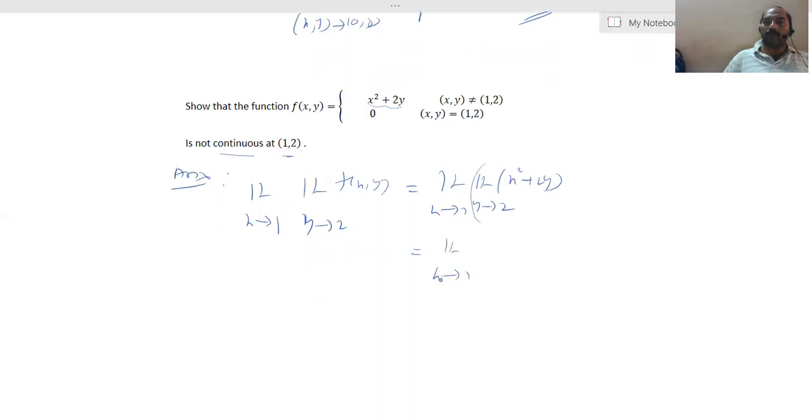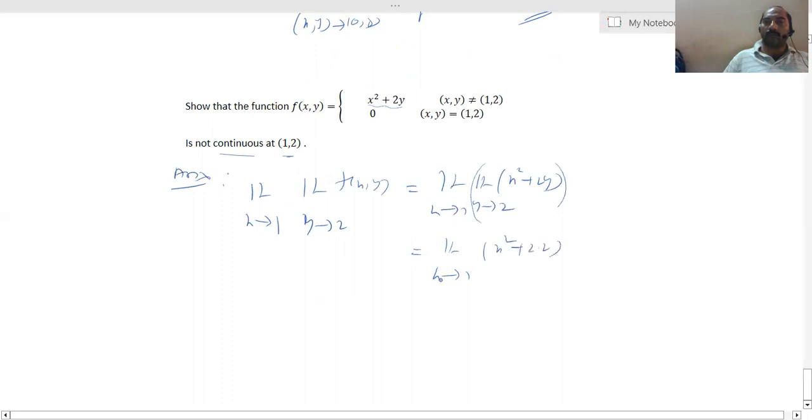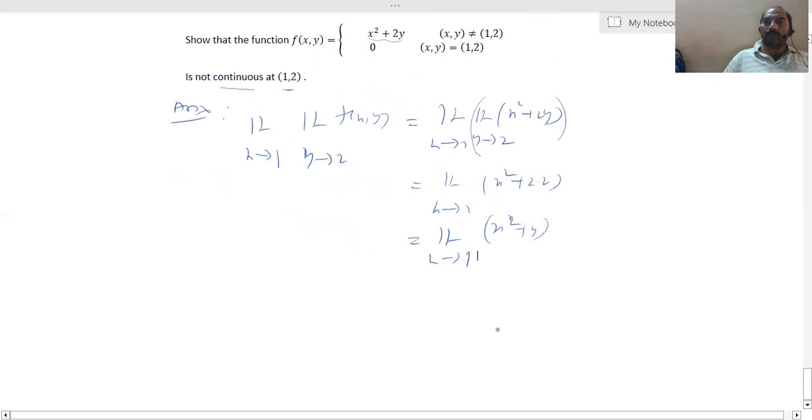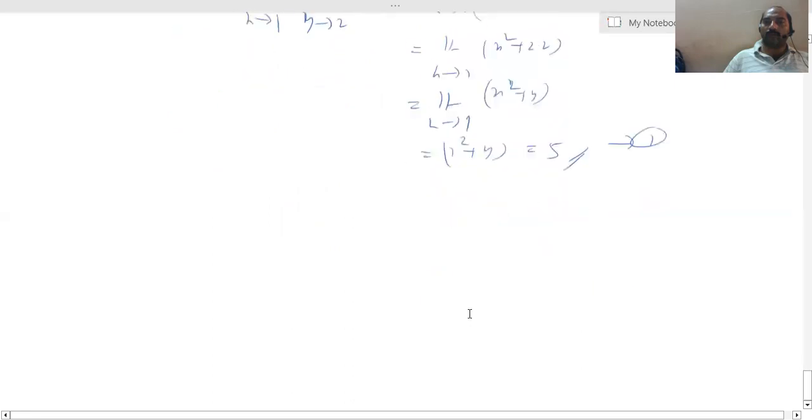Find this value: x square plus 2 into 2. That means limit x tends to 1, x square plus 4. Substitute the limit value x tends to 1: 1 square plus 4, which is equal to 5. One of the repeated limits is 5.